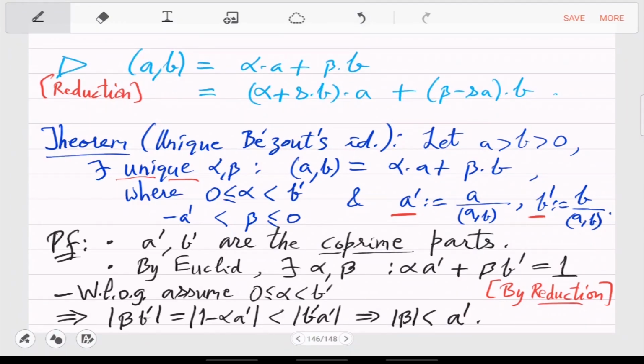Okay, is this clear? So once you have ensured that alpha is small enough, it also implies that beta is small enough. Okay, simultaneously you reduce both.